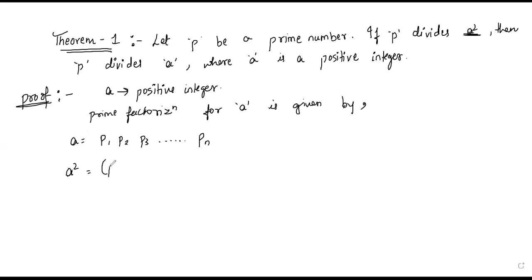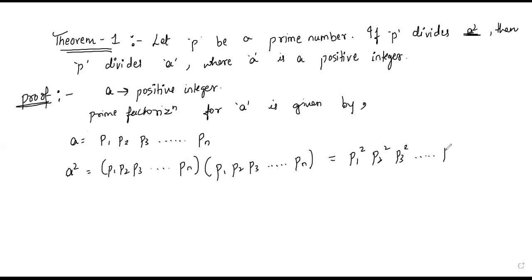So it's p1, p2, p3 up to pn into p1, p2, p3 up to pn, which is nothing but p1 square, p2 square, p3 square up to pn square. Clear? Clear till here? Any doubts?